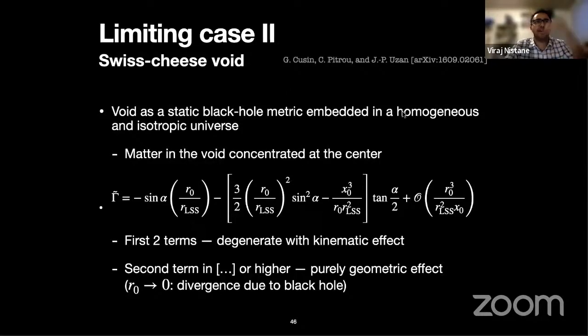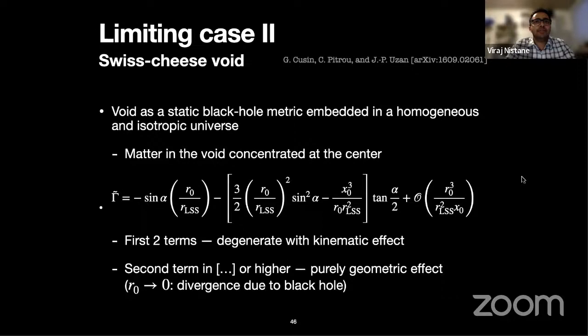So naturally, there are some boundary conditions to be met. Also, in the other limiting case, we have to consider some boundary conditions. Then instead of the matter being concentrated at the edge of the void in a thin shell, the matter is concentrated at the center in the form of a black hole. Hence the name Schwarzschild void.